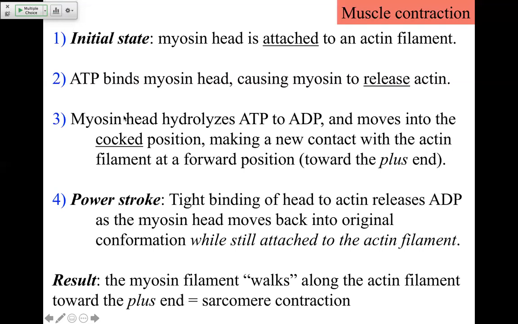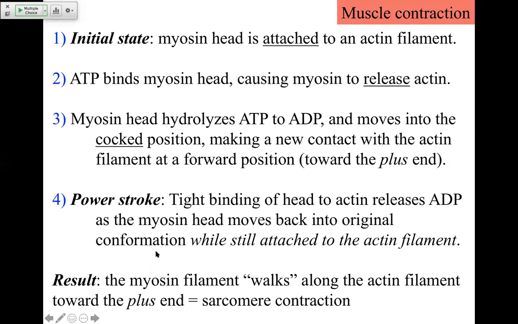That causes a change in the shape of the myosin to the cocked position, which then, once the ADP and inorganic phosphate are released, results in another change, which is the power stroke, the movement of that myosin head, resulting in myosin filament walking along the actin filament, right, towards the plus end.